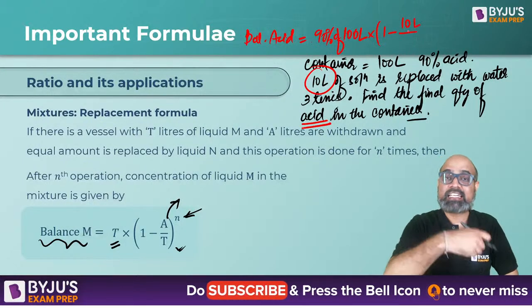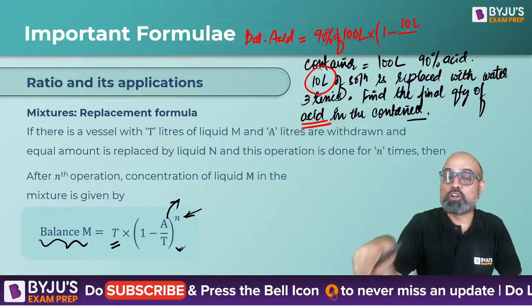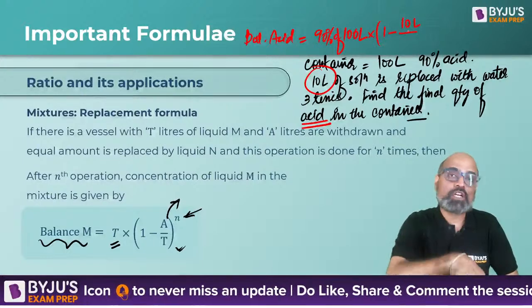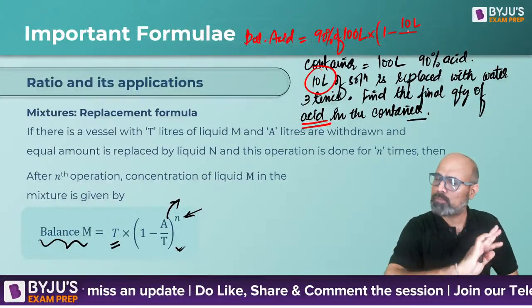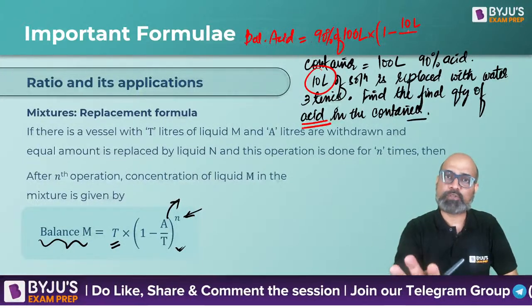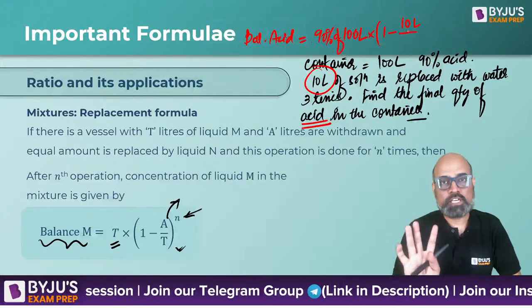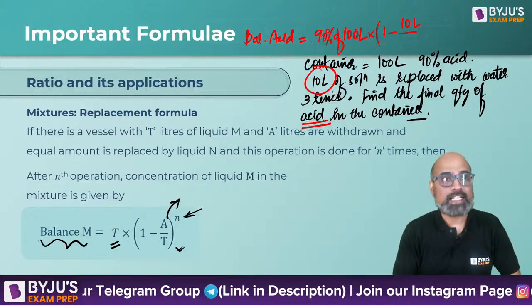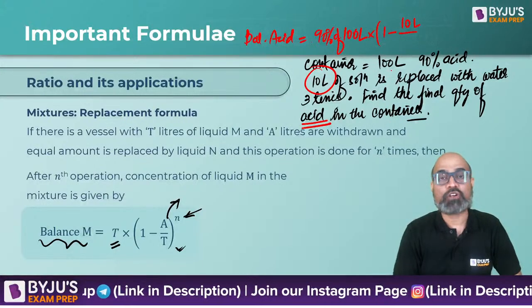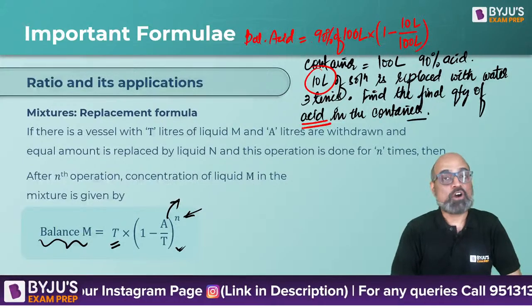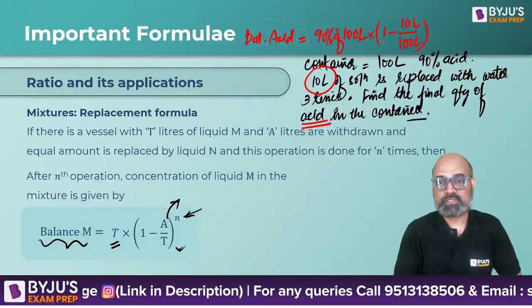Now, these 10 liters is being removed out of what volume of solution? Again, not acid. Don't calculate how much is acid and how much is water, that is not to be done. This formula helps you to figure that out. That's not your task. That's the task of the equation. So this 10 liters is being taken out of 100 liters, right? And how many times is it being taken out? 3 times.